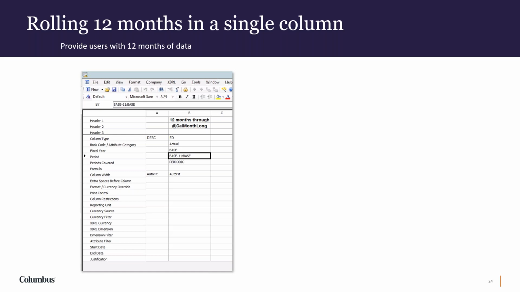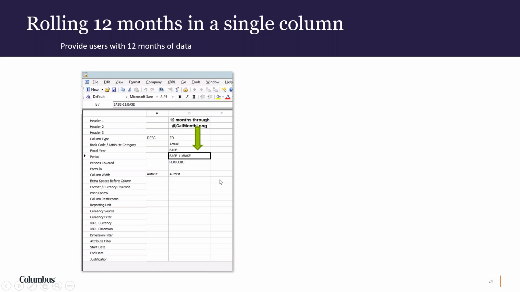So using this kind of formula or period combination allows you to actually cross over fiscal years and get all of that information into one column. This can be really helpful if you're on a fiscal year and you still need to get current year activity, on a calendar year into a single column. A lot of times banks ask for this kind of information.